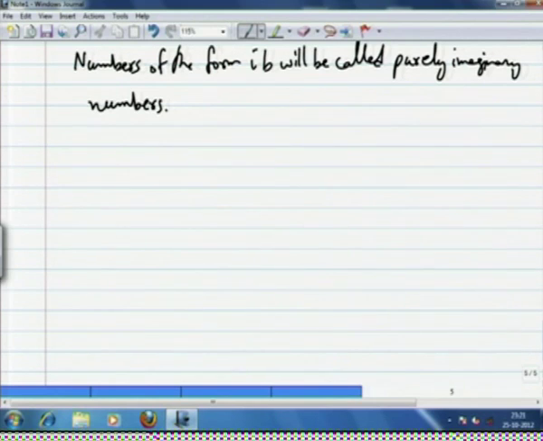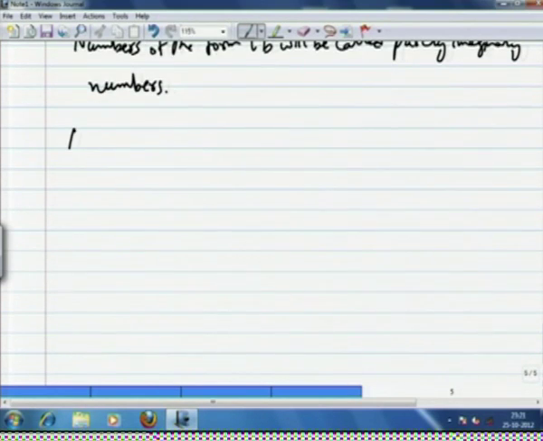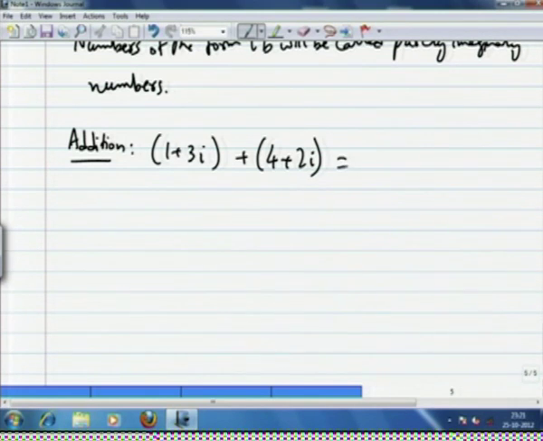And then let us review the rules of complex number addition, multiplication, etc. So, addition or subtraction is as follows. A number 1 plus 3 I, for example, can be added to a number 4 plus 2 I, as follows. So, this is the complex number addition.